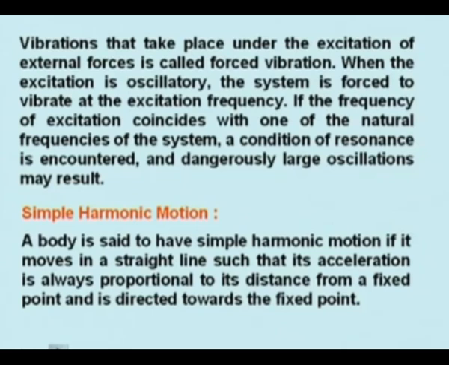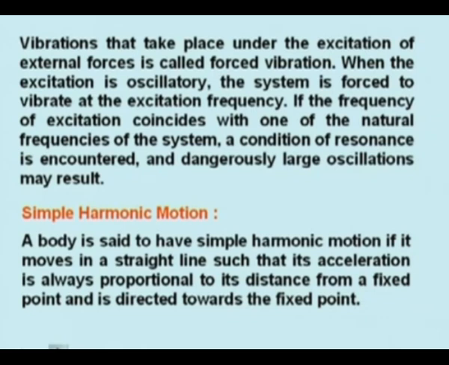Now a vibrating body can vibrate in a number of ways. However, first we will study the very simple case, called simple harmonic motion, in which the displacement can be represented by a sine function or a cosine function, because sine theta is equal to cos of 90 plus theta.